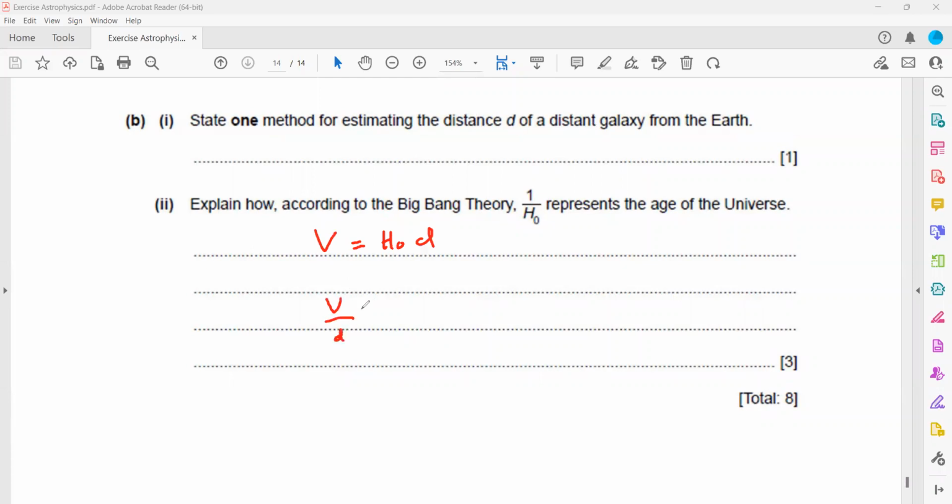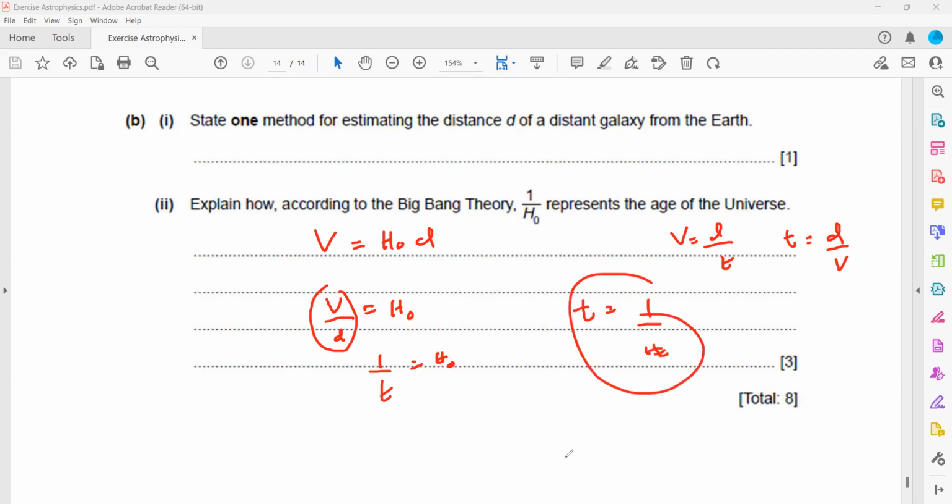Then speed divided by distance is the Hubble constant. We know speed is distance over time, so time is distance divided by speed. So the reciprocal of v over d is 1 over t. So 1 over t is equal to H naught, or t is equal to 1 over H naught. This is a simple definition.